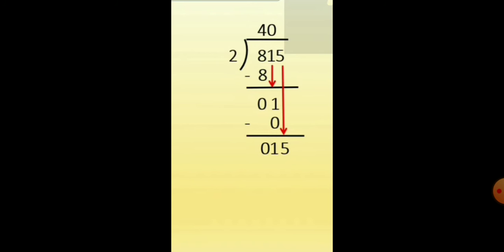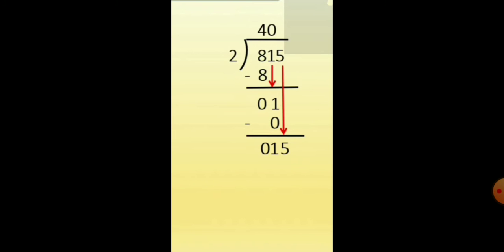When the number of the dividend is less than the divisor, you will divide it with 0. That is, 2 zeros are 0. So 1 minus 0 is 1. Is that clear to you?